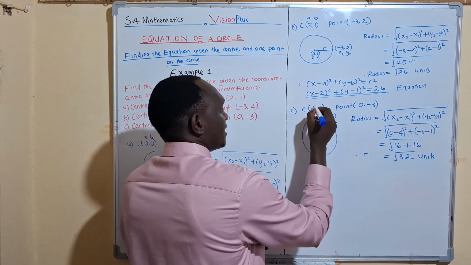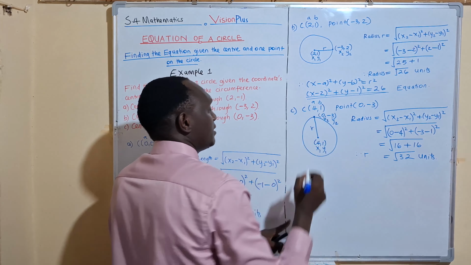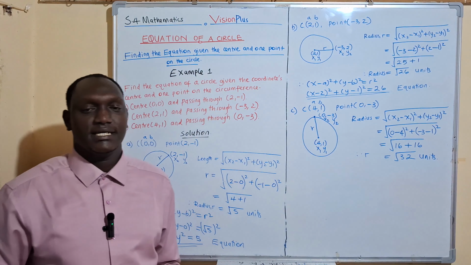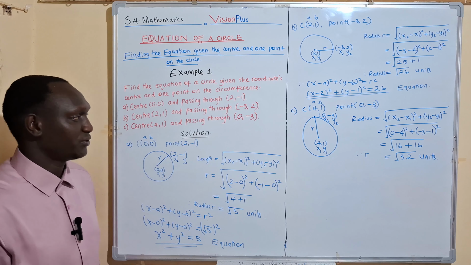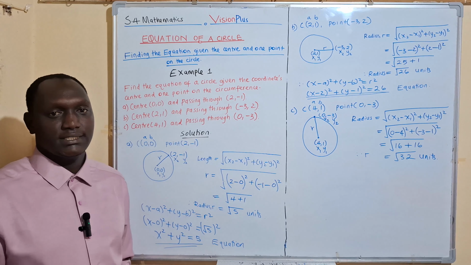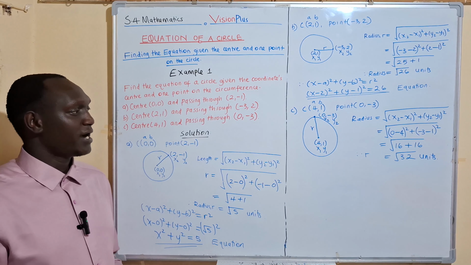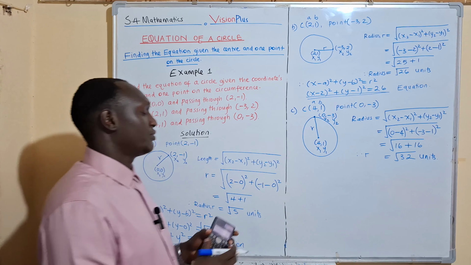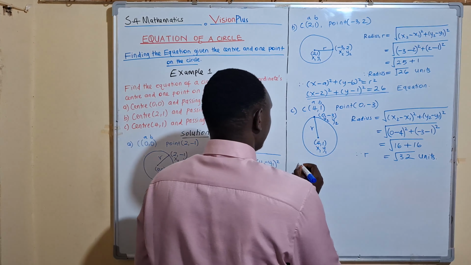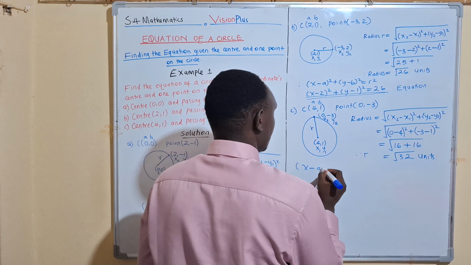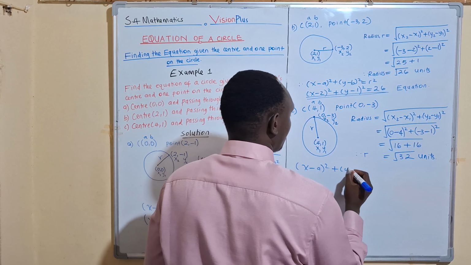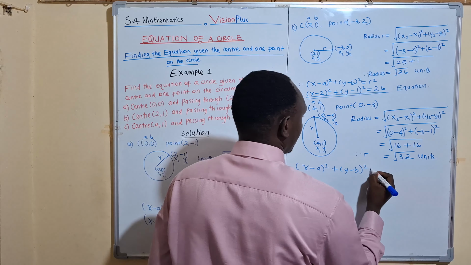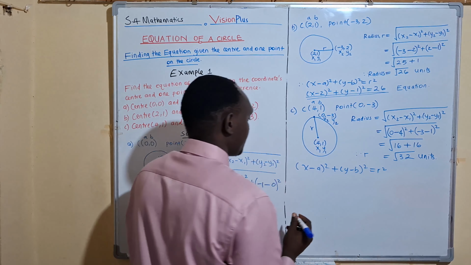Now you have the radius and the coordinates of the center, which are a and b, so you can use them to find the equation. We looked at how we can find the equation when we have the center and the radius. I'm going to use the factorized form again, which is (x minus a) squared plus (y minus b) squared equals r squared.